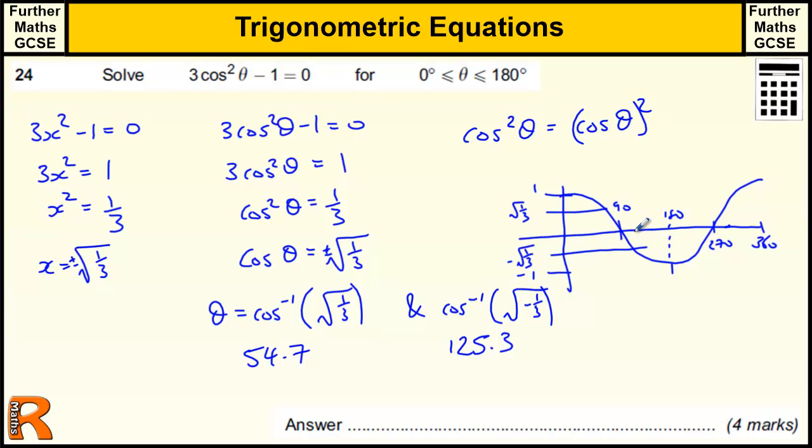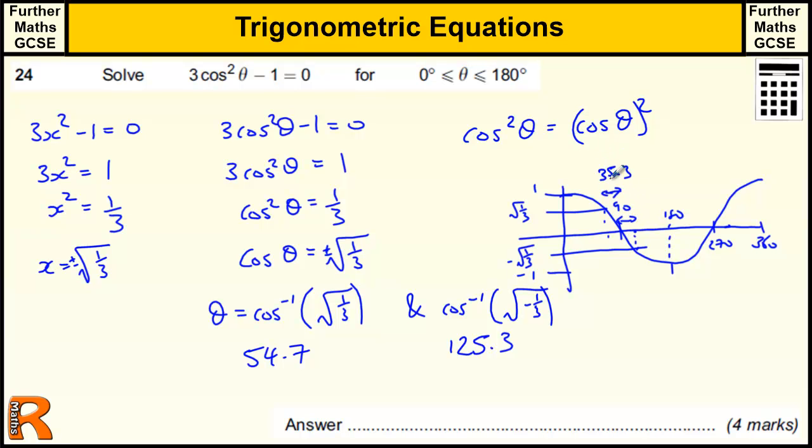It gives us the actual value that we need, which is this one here. If it gave us the wrong value, like a value that wasn't between 0 and 180, we could use the symmetry of the graph. We could work out this distance here from 90, because that's 54.7, that distance there is going to be 35.3, and then we could add that on to 90.